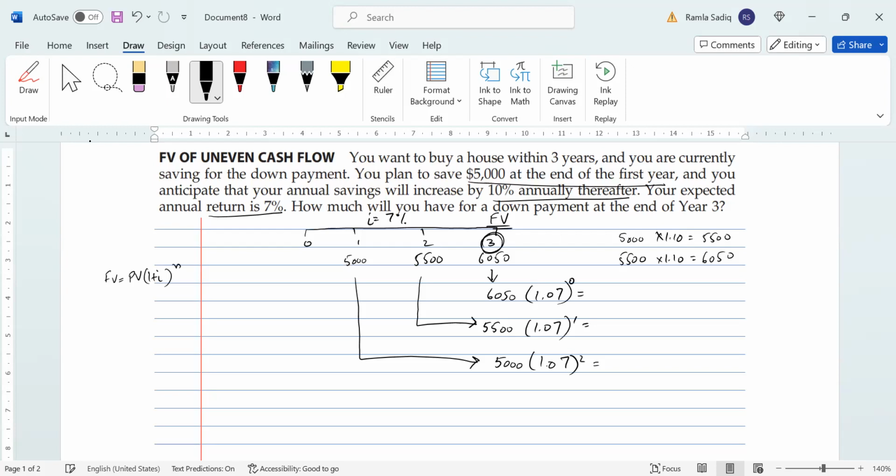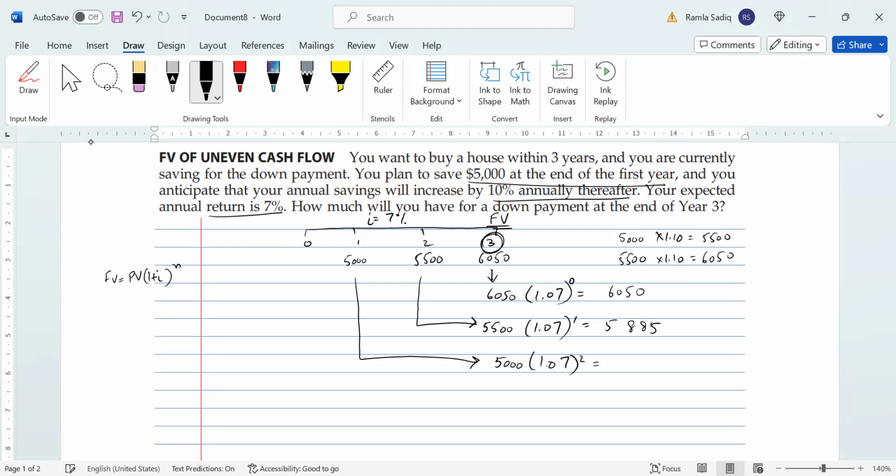Now we're going to plug these into a calculator one by one. Anything to the power of 0 is equal to 1. So this is simply 6,050. And if we do 5,500 multiplied by 1.07, you plug that into a calculator and you get 5,885.